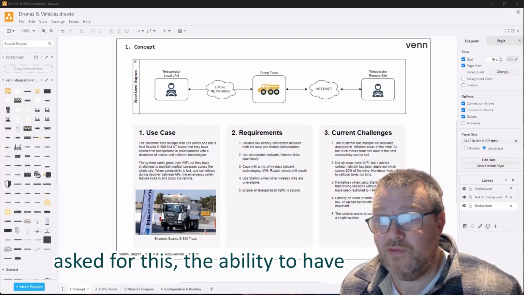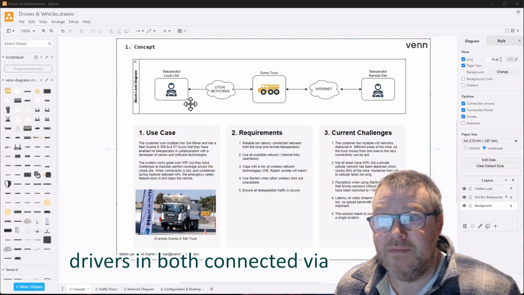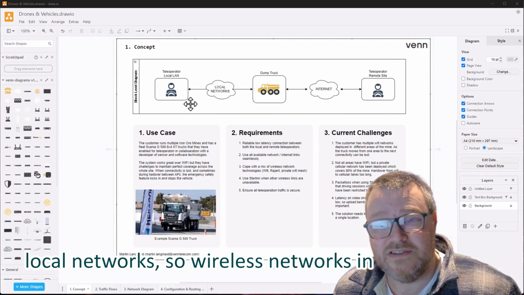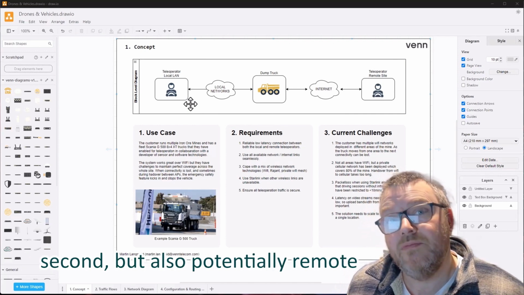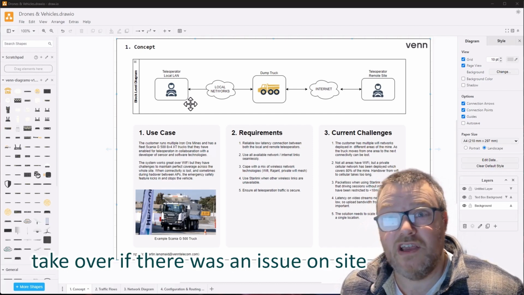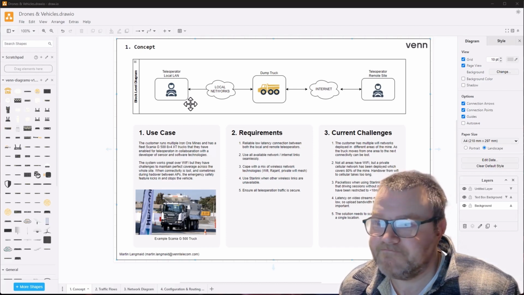So they asked for the ability to have drivers connected via local networks, so wireless networks in particular, and we'll see those in a second, but also potentially remote drivers as well. So drivers that could take over if there was an issue on site or perhaps an absence.